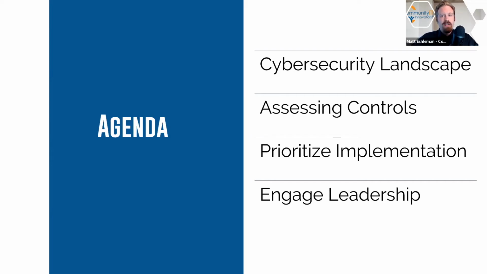I think there's so many different assessment tools out there and surveys and frameworks. And so there's no shortage of knowing what to do. I think the real gap is in implementation and execution. And so we'll talk a little bit about how to pick some things, how to engage your leadership, and how to really move forward with the implementation.